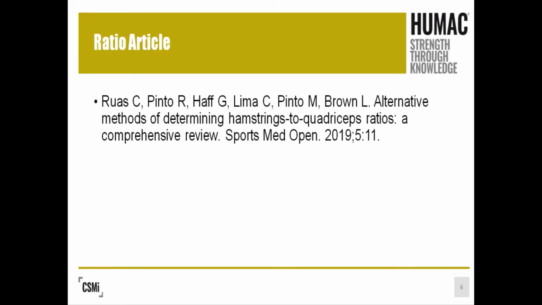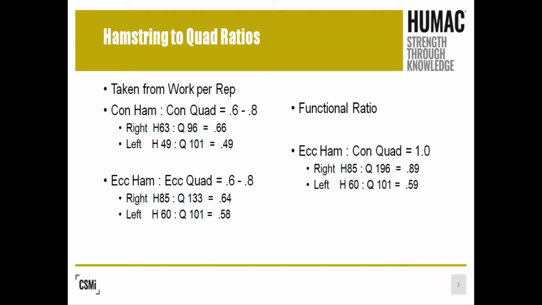Here's an outstanding article by Ruiz et al., which recently was published in 2019. It looks at the functional ratio and describes it, so check it out as it has great information about that. So if we look at our athlete's numbers and the ratios, the ratio for the standard con, his right uninvolved side was at 0.66, which is good, and his left was at 0.49.